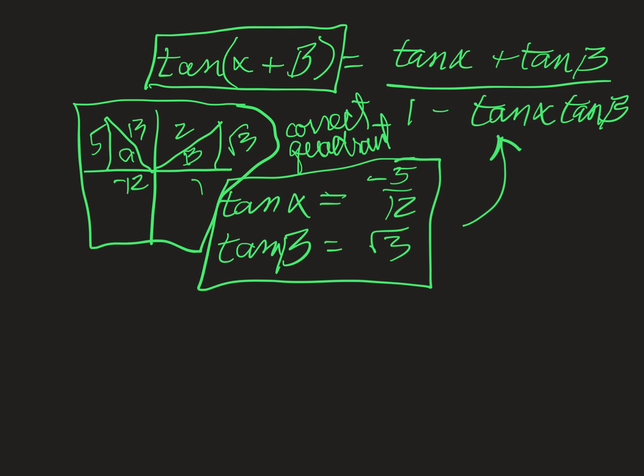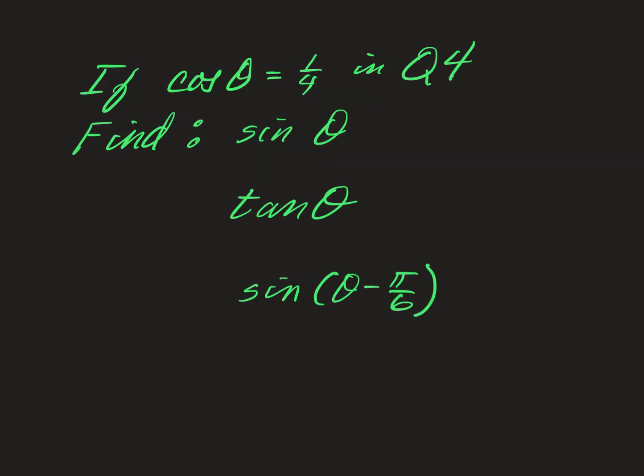And you could still do the tangent alpha, tangent beta. Okay? So let's move on to the next type of problem. Once you know the technique from the last problems that we did, you can apply that technique over and over. So here they say, suppose cosine theta equals 1/4 in quadrant 4.